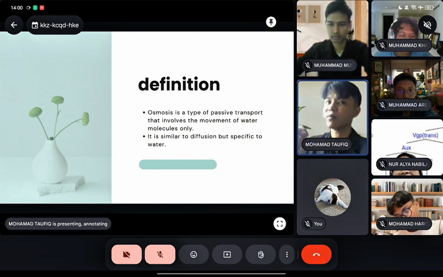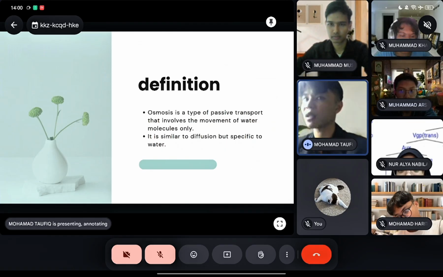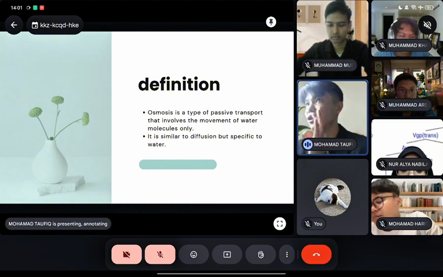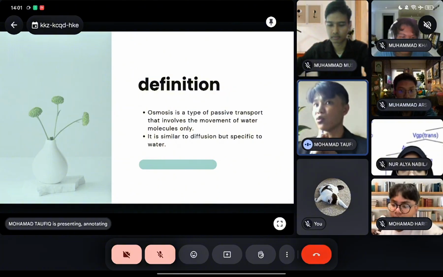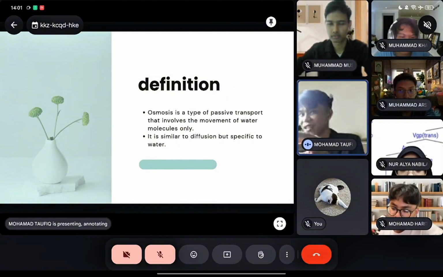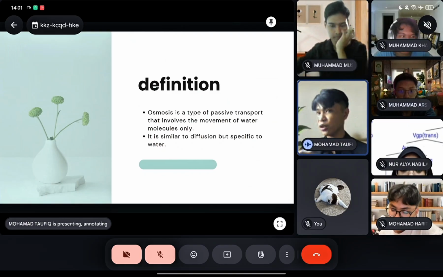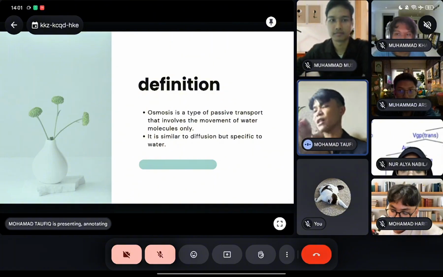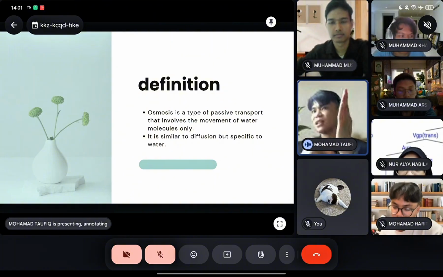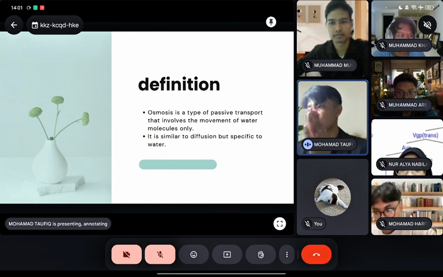The second type is facilitated diffusion, where the molecules move through channel or carrier proteins in the membrane. But it's still passive because it does not require any energy. The molecules move in the carrier protein without using energy, for example glucose entering the cells through the glucose transporter.